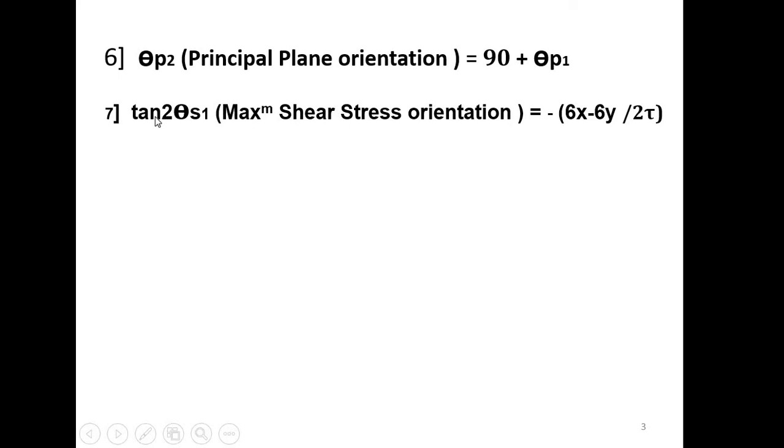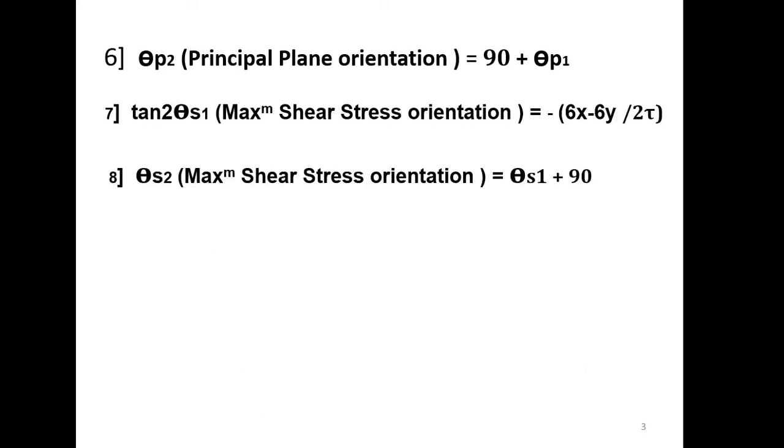The formula for that: tan 2 theta s1 equal to minus (sigma x minus sigma y) by 2 divided by tau. There are two maximum shear stress planes, so we'll get two locations. So theta s2 equal to theta s1 plus 90 degrees.